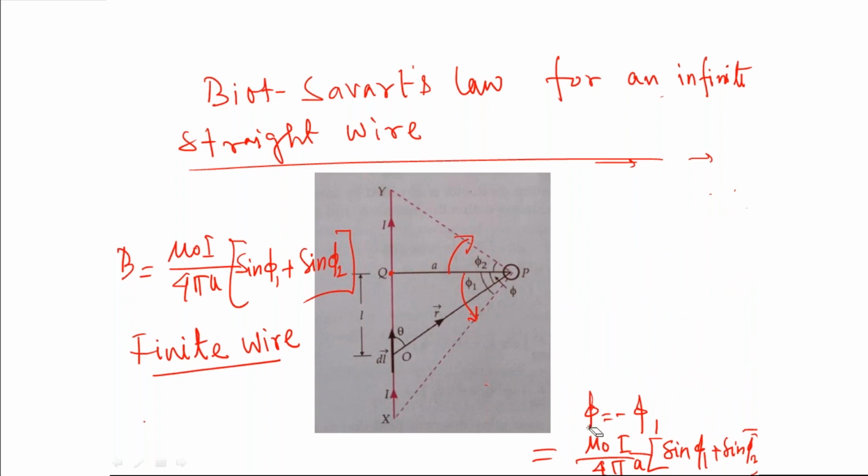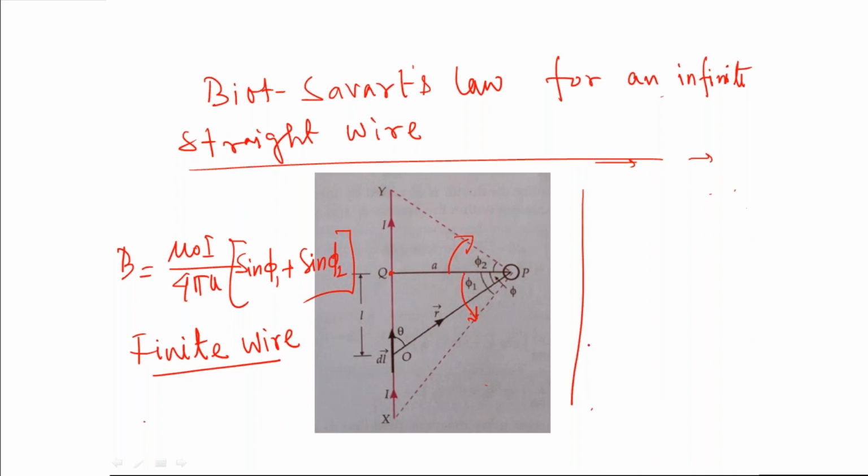So when the wire becomes infinite, look, this becomes infinite. This is the point P, where I am calculating the magnetic field. I am calculating the angle phi 2 in this way, and phi 1 in this way.